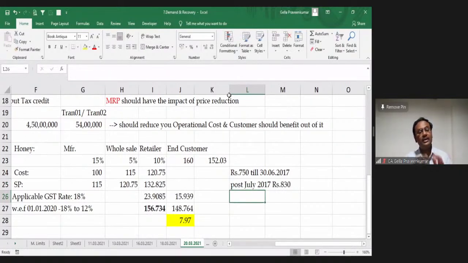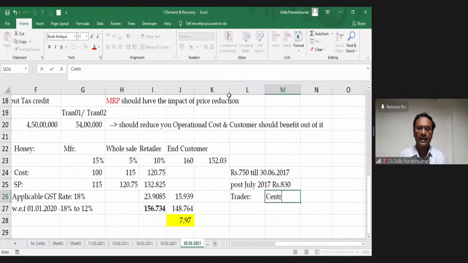Now they say, look, there was a benefit of customs duty. All along, customs duty was 12%. It was enhanced to 18%. This seller increased the MRP. But actually, the reality was that when he was a trader, there was the benefit of central excise plus SAD, special additional duty. We call this central excise CVD.